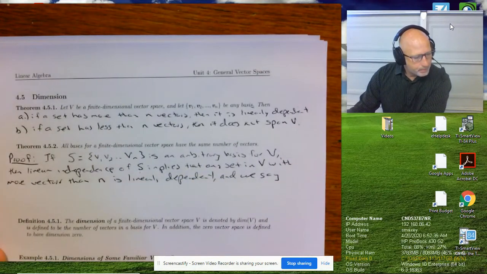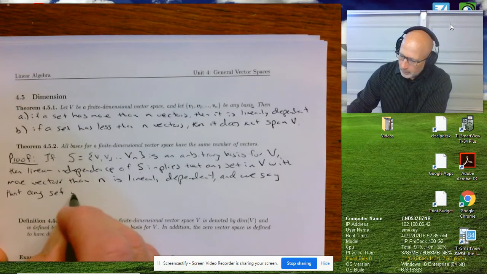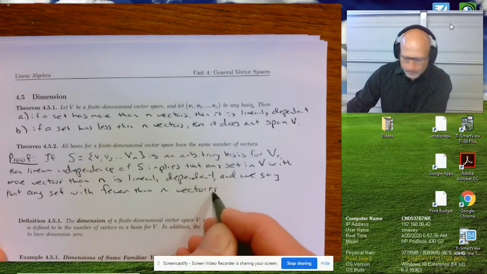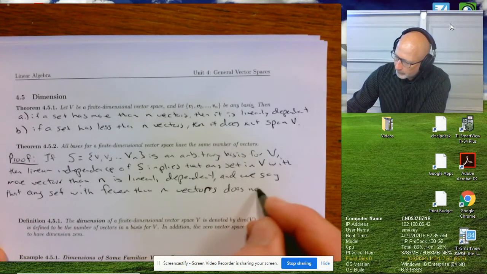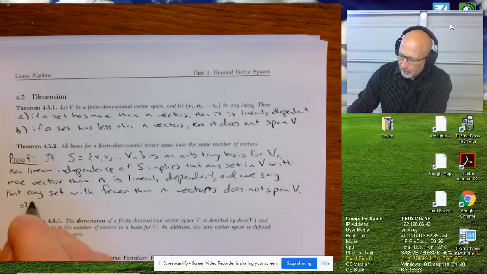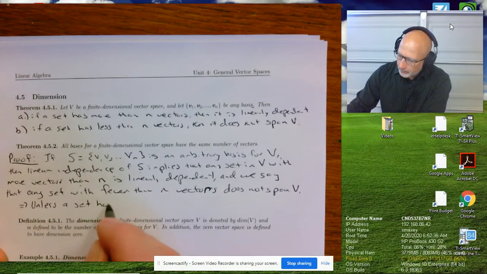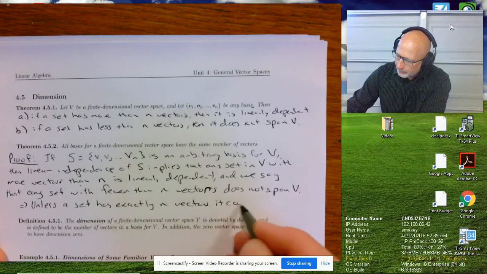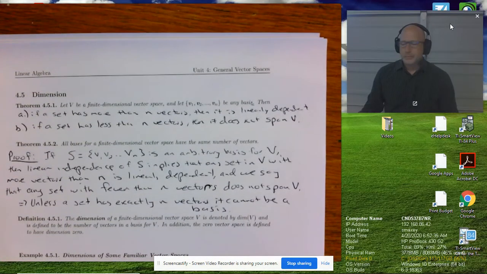And we say that any set with fewer than n vectors does not span V. Therefore, unless a set has exactly n vectors, it cannot be a basis. So bases have exactly the same size.